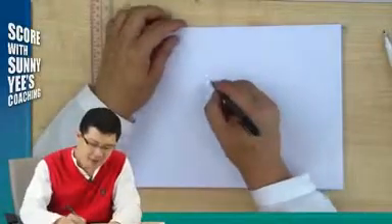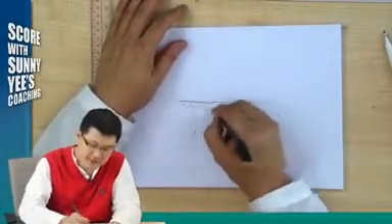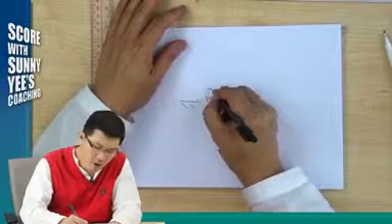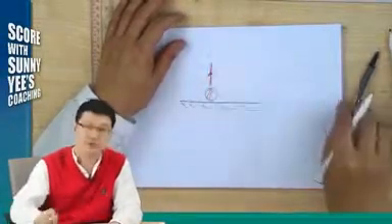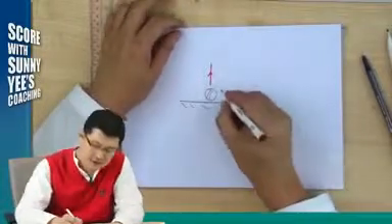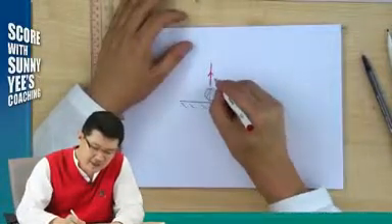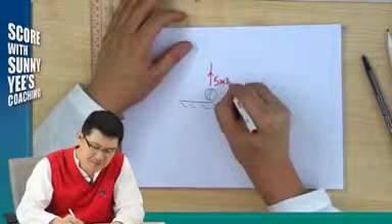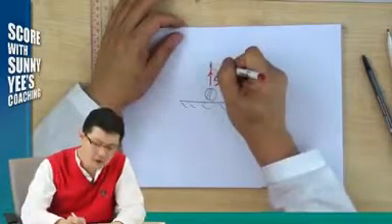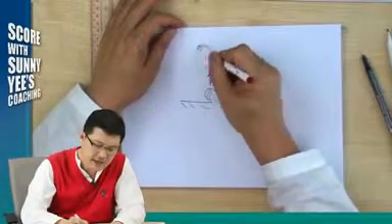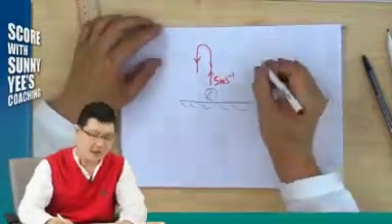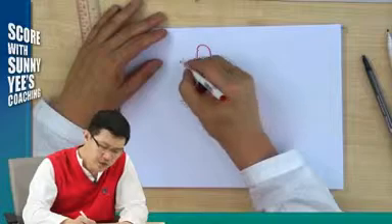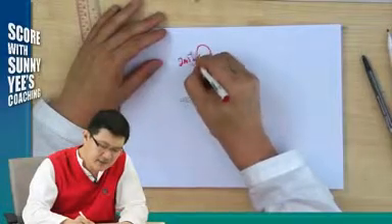Now, if I have one object, say this is a ball, I throw the ball upwards with, say, 5 meters per second. The ball goes up, and then it starts to go down, and say here it will be 2 meters per second at this position.